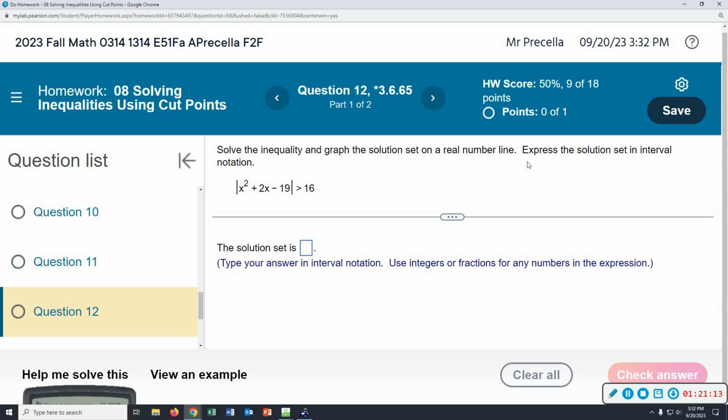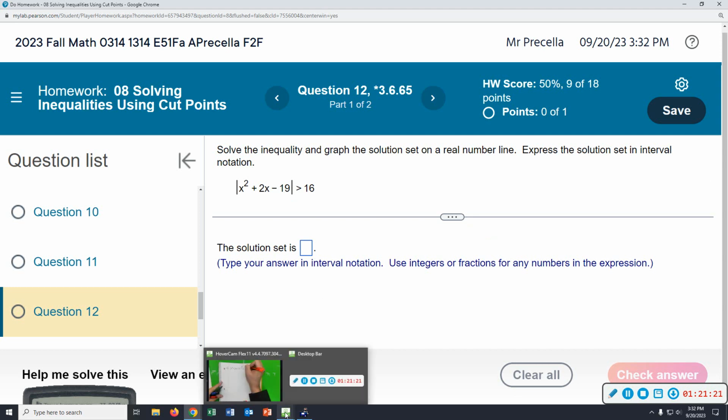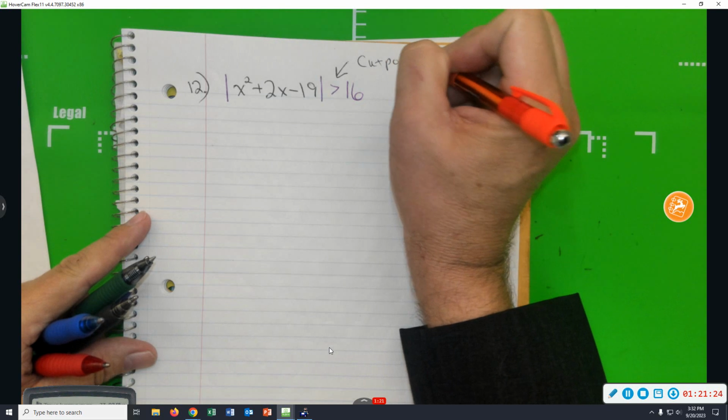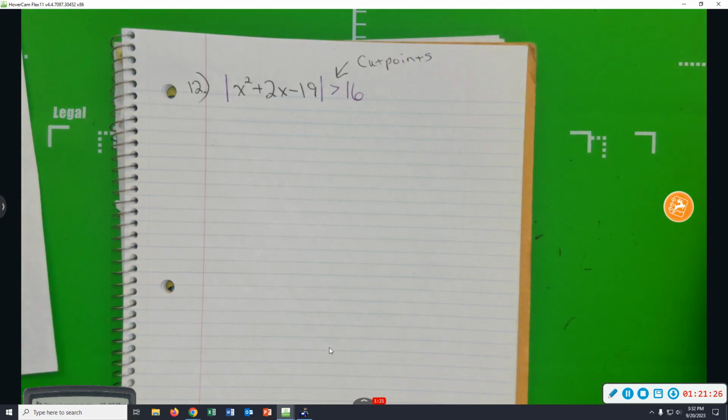The instructions don't say it. It's the inequality, less than or greater than. That's what says to use cut points. And the instructions on the test aren't going to say use cut points. You've just got to know it's an inequality, so use cut points.